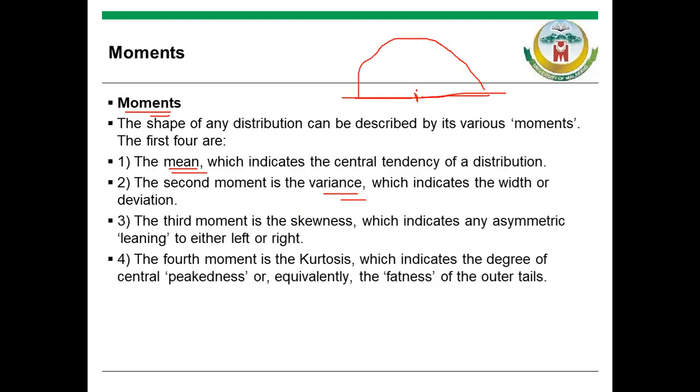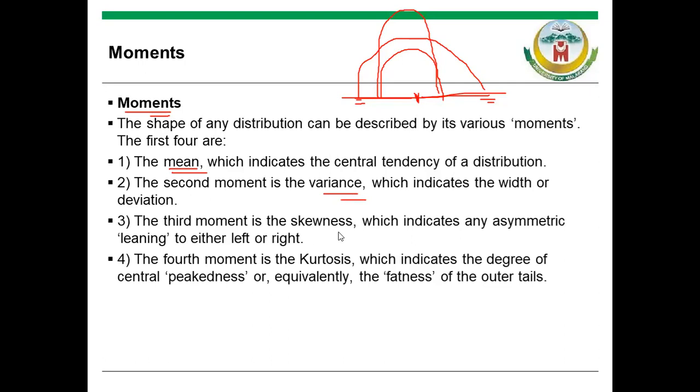The width means, now we can have mean here, and all the values may have the range from this to this, or it can have also, let's say, this range, or like this range. So the width or the distribution shows the moment.